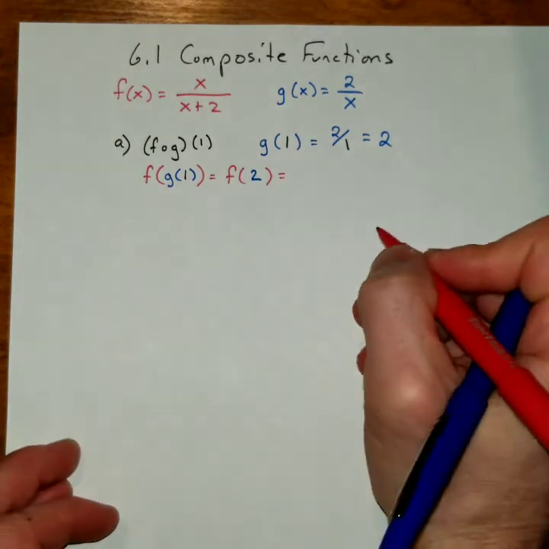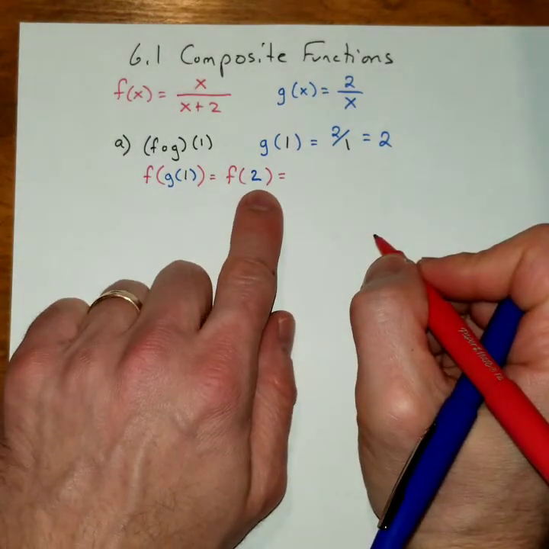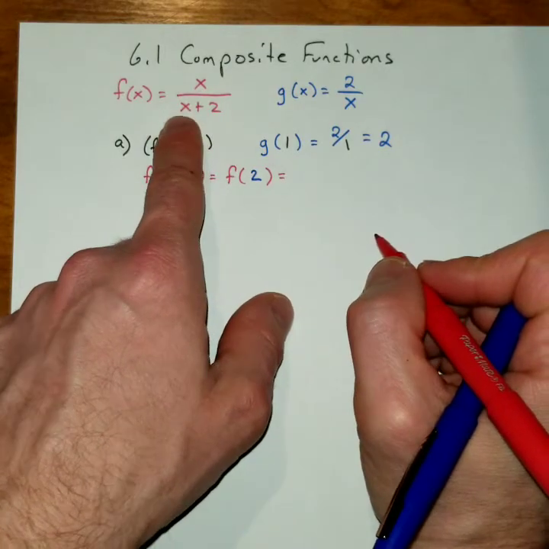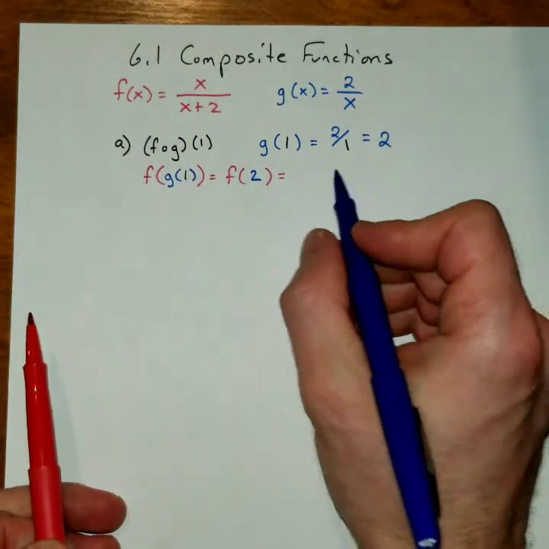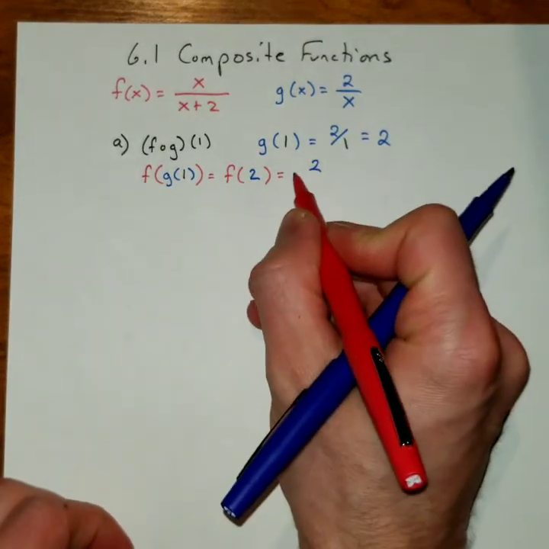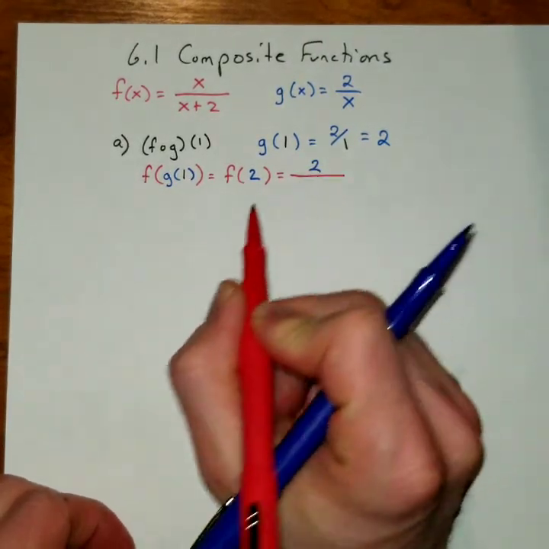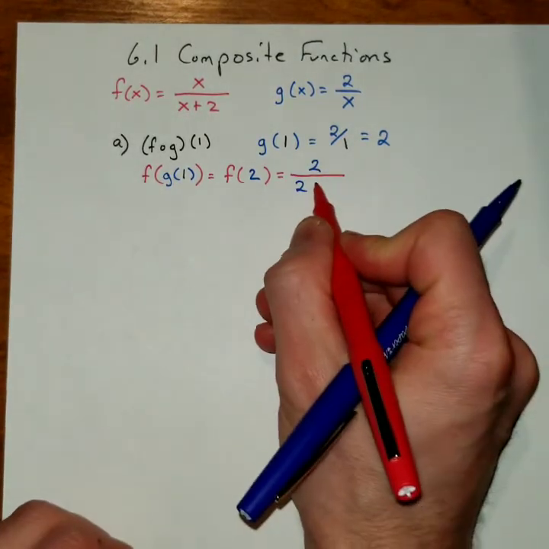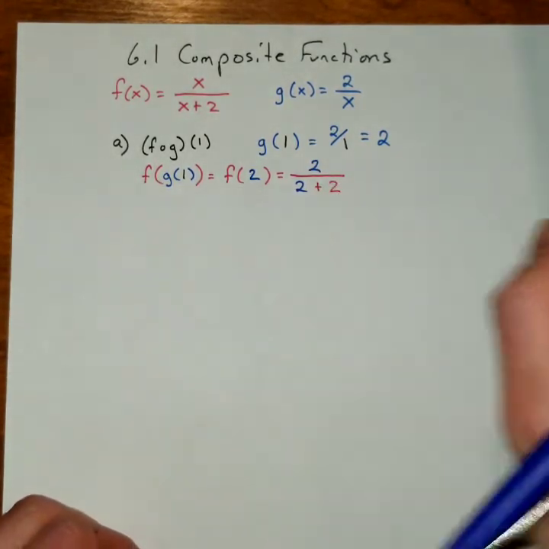Okay, now when I write this out, the 2, being the input, goes in for the x's in the f function. So I'm going to have 2 over 2 plus 2.